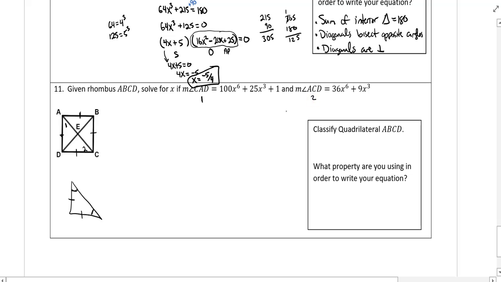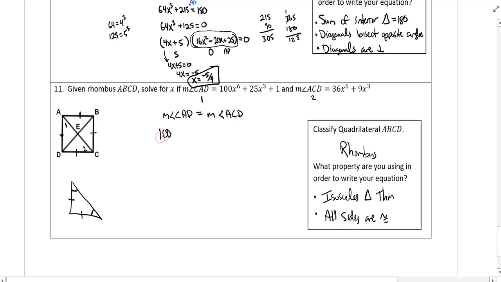Okay, and so we didn't have to worry about the classification as a rhombus, we're really using the isosceles triangle theorem here, and the fact that in a rhombus all sides are congruent. Okay, so we can say that the measure of angle CAD is equal to the measure of angle ACD.